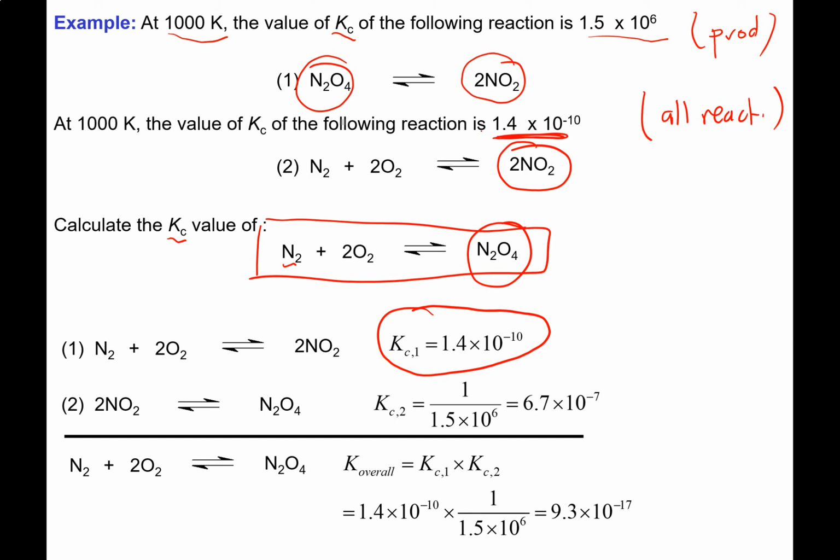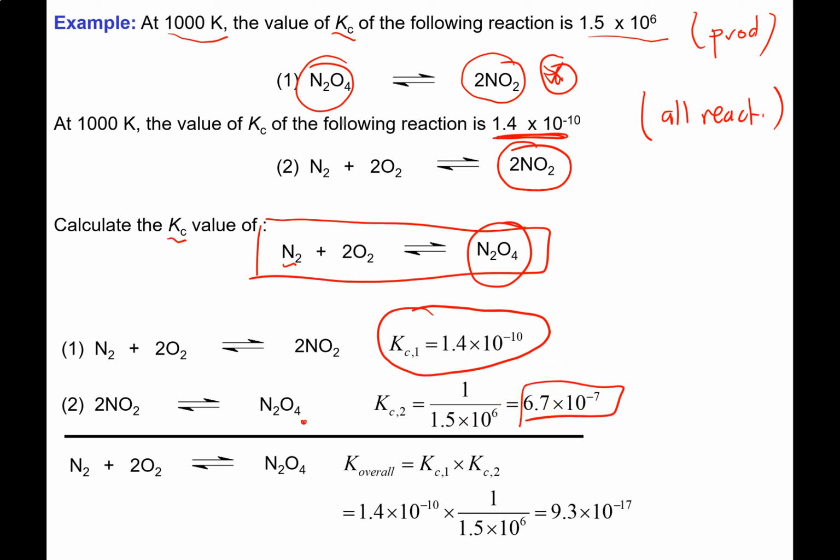We've written the reaction in exactly the same form. However, for this reaction up here, we flipped it. And so what that means is that the equilibrium constant for this reverse reaction is just going to be the inverse of the equilibrium constant for this one. So the equilibrium constant for this reaction is going to be 1 over 1.5 × 10^6. So it's a pretty small number. This is not a very favorable reaction.